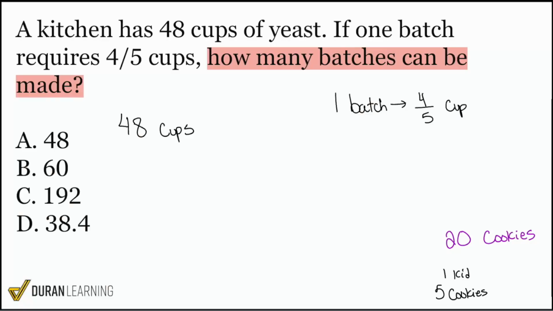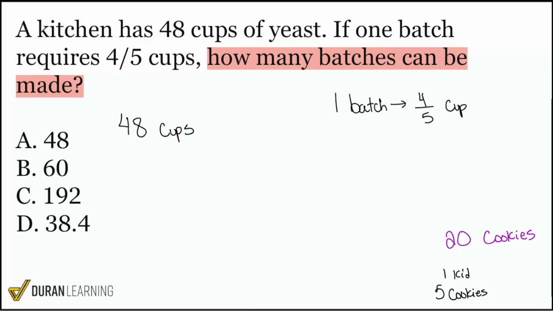One more time, everybody, what operation is that? Seeing how many times one number can fit into another, like seeing how many times we can fit 5 cookies into 20 cookies. Yeah, that's division all the way.